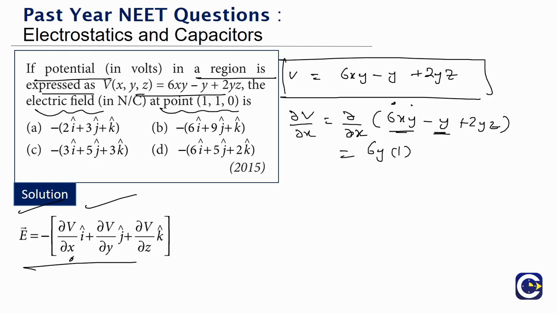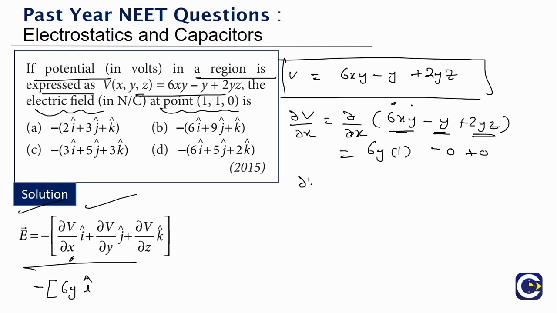Second term, only y is there. y is a constant, so the derivative is 0. Third term, y and z are there. They are constants. So dou v by dou x is 6y. Now we will just keep it: minus 6y into i cap. We'll write down the electric field function parallelly.